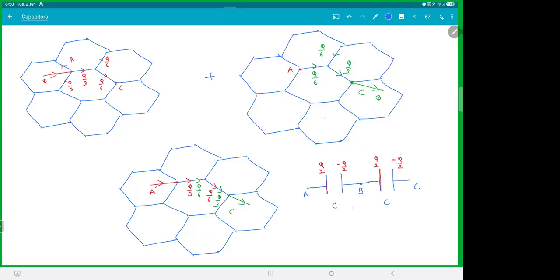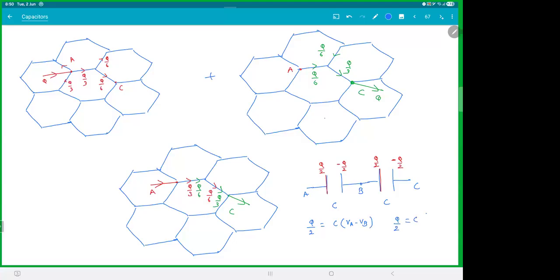So what is the potential difference here? So you can clearly see the potential difference here, VA minus VC is nothing but Q by C. Basically, this is Q by 2C. VA minus VB: Q by 2 is C into VA minus VB.